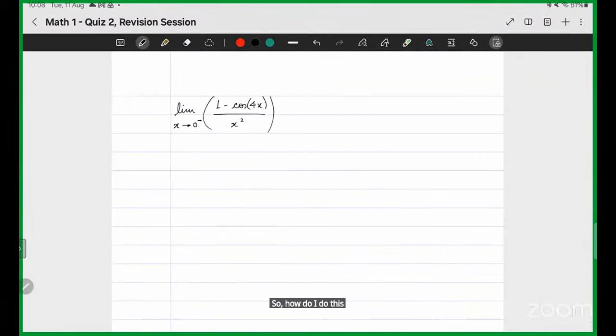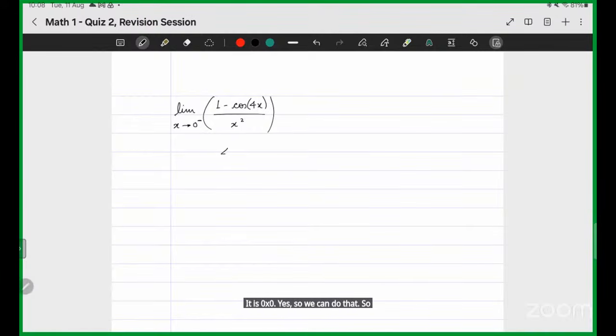Does this satisfy all of L'Hopital's conditions? If we use it, then it will be plus sine, 4 sine 4x divided by... Does this satisfy the conditions where you can apply L'Hopital's? Yes or no? Yes, it is 0 by 0, so we can do that.